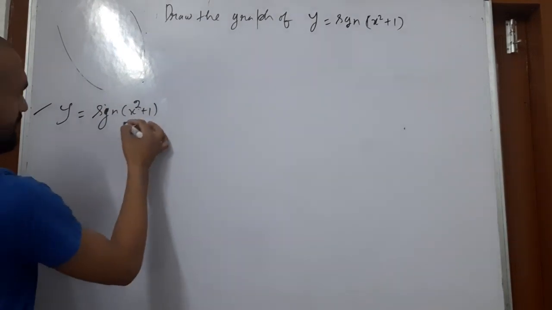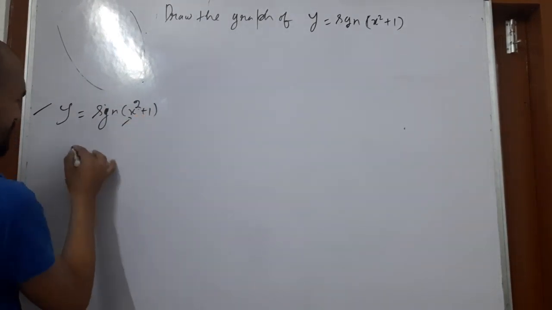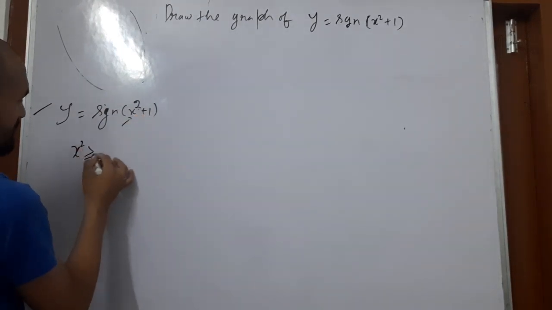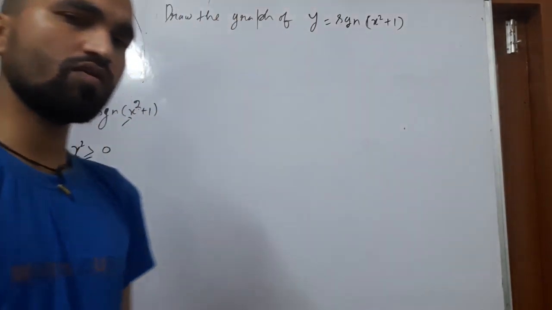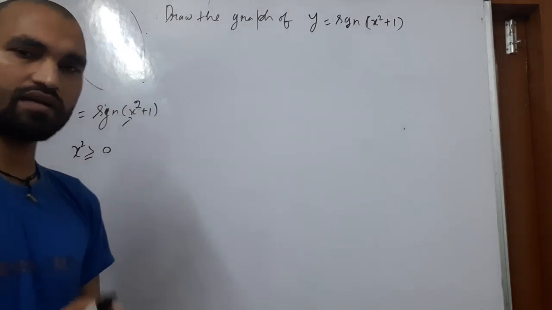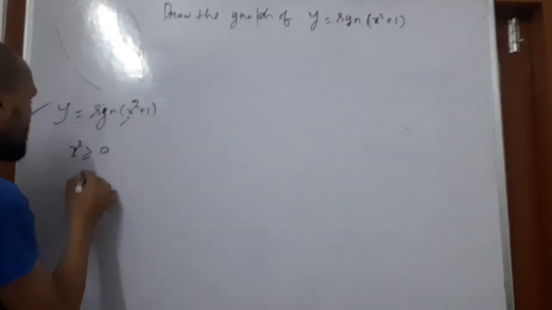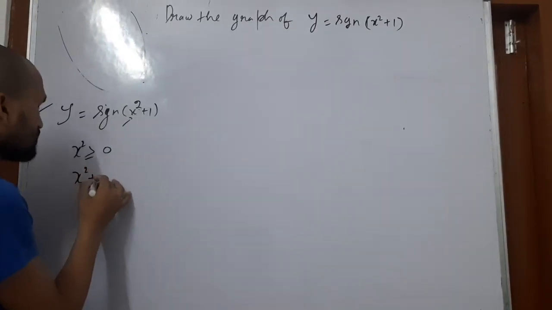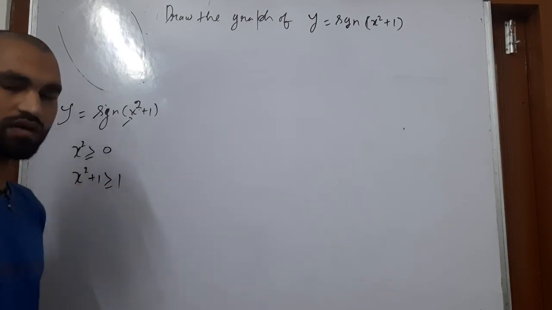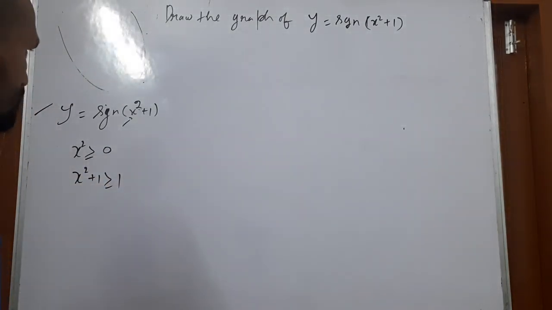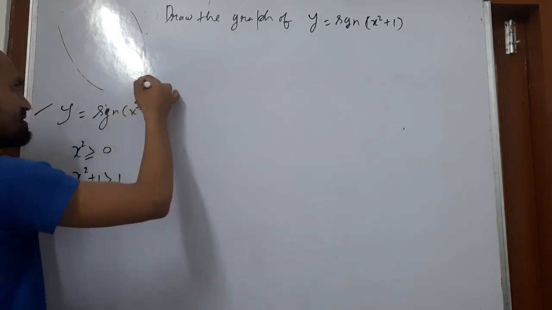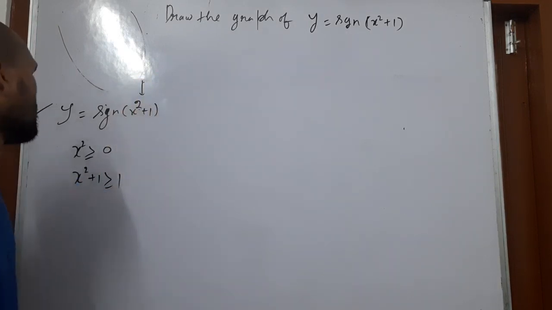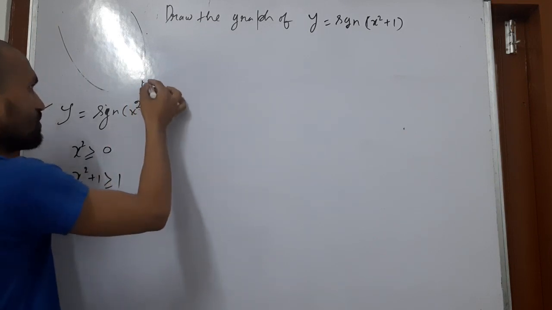I know that here is x square. X square is always greater than or equal to 0 for every real value of x. So we can say that x square plus 1 will be always greater than or equal to 1. So we have decided that the value inside this signum is greater than or equal to 1.